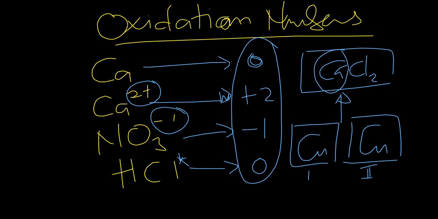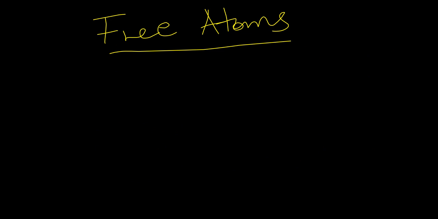So we'll start with free atoms or atoms in their free state. We've already established that anytime you have atoms in their free state, they always have oxidation numbers of zero. So for example, you have sulfur, you have carbon, you have nitrogen, fluorine, chlorine. In so far as these atoms are not bonded with other atoms to form compounds or molecules, it means they are in free state and their oxidation numbers will be zero.